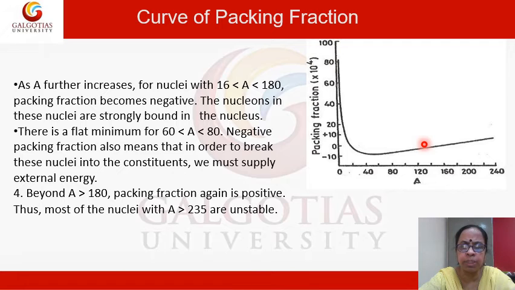There is a flat minimum for A greater than 60 and less than 80 at this place. Negative packing fraction also means that in order to break these nuclei into their constituents, we must apply external energy. Beyond A greater than 180, packing fraction is again positive. So most of the nuclei with A greater than 235 are unstable.